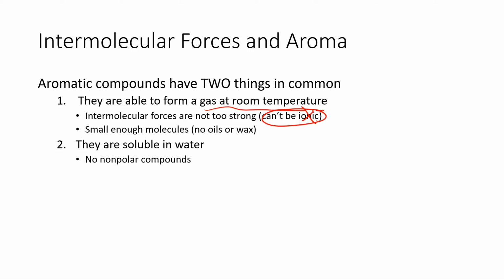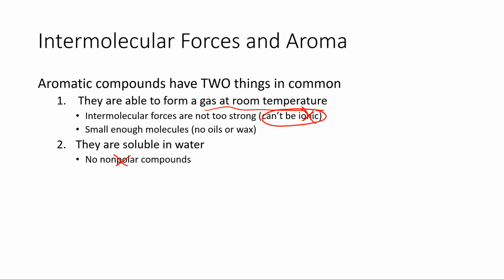All right, so if it's going to form a gas at room temperature, that means the forces holding those particles together, or preventing them from becoming gases, can't be all that strong. So compounds that tend to have an aroma tend to not be ionic compounds because they don't form a gas. Two, they need to be soluble in water, which rules out our nonpolar compounds.